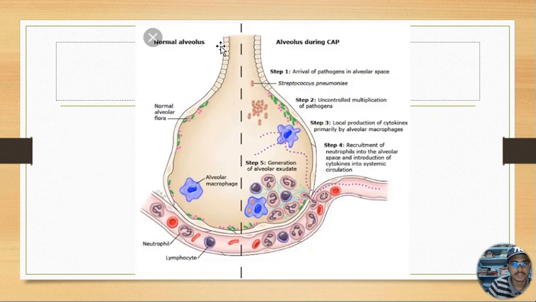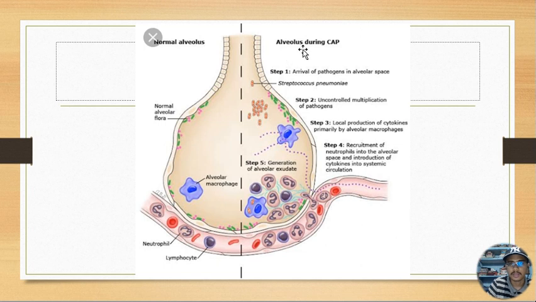Now, in the next slide, you can see a schematic diagram comparing a normal alveoli with the alveoli of a person suffering from CAP, the common community-acquired pneumonia. In the normal alveoli, we have normal alveolar flora and alveolar macrophages.